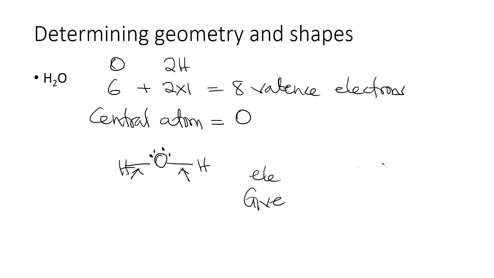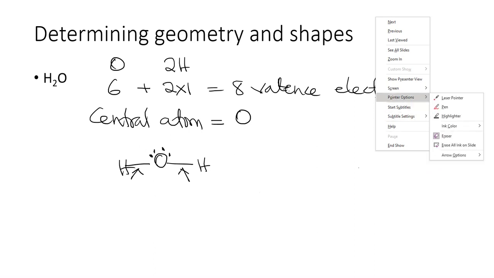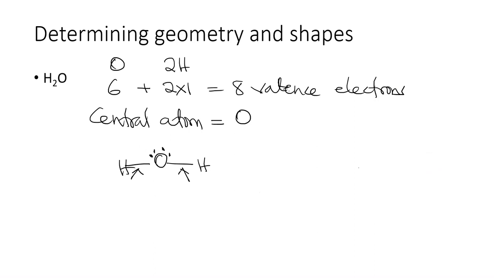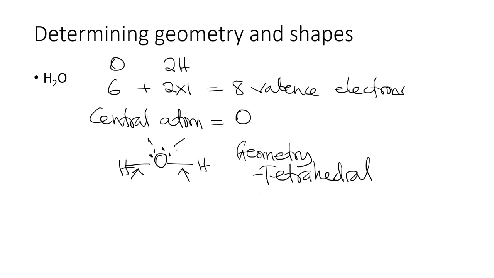So in the end, geometry will be tetrahedral because we have 4 electron groups, 1, 2, 3, 4.